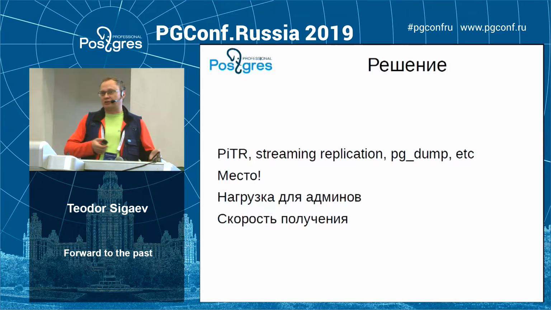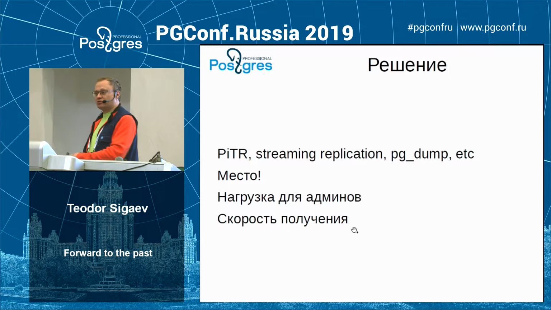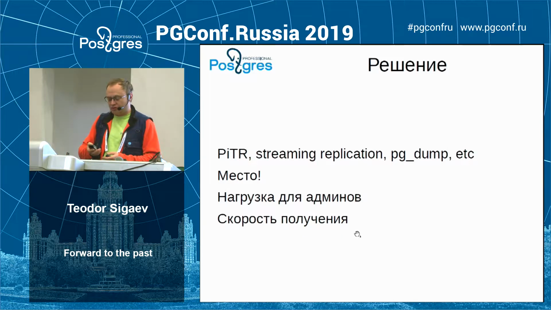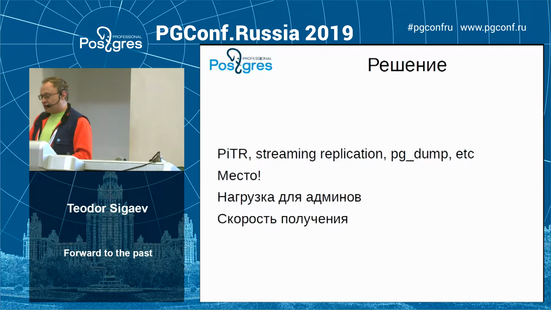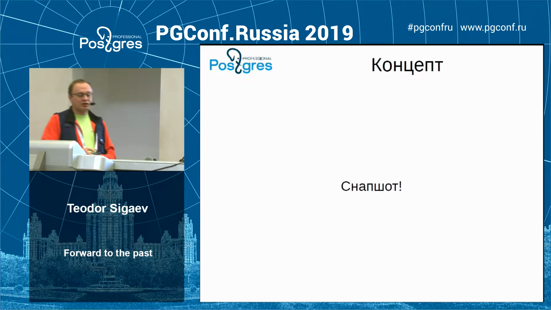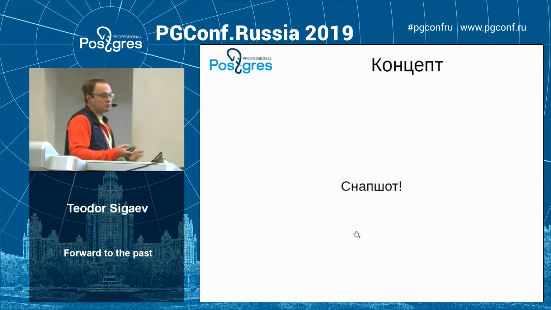Streaming replication is okay. You have a backup from the beginning of the week. You would like to get a snapshot of yesterday's. You take this backup and roll up to the snapshot. It's not always very fast, so sometimes you have to release some space. So it's a time-consuming process.